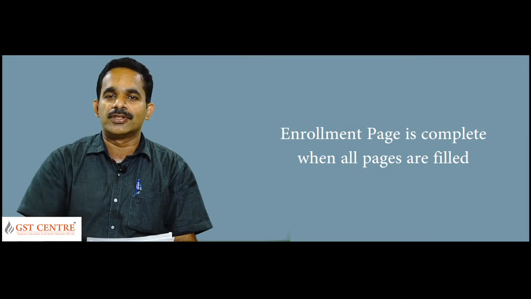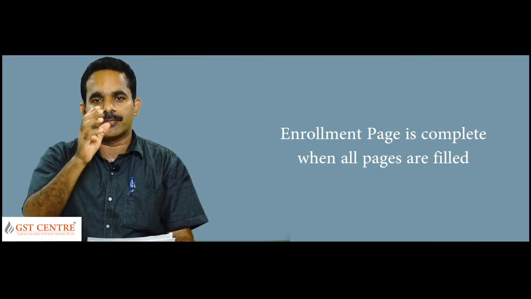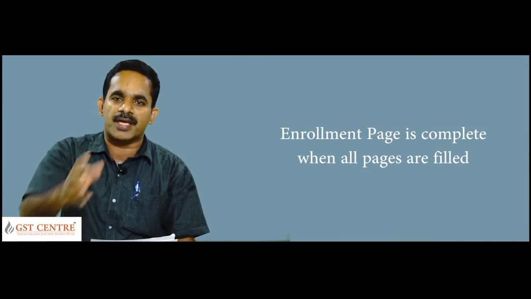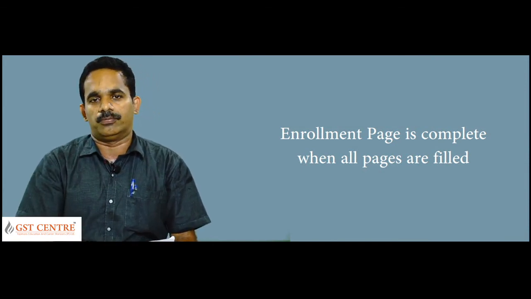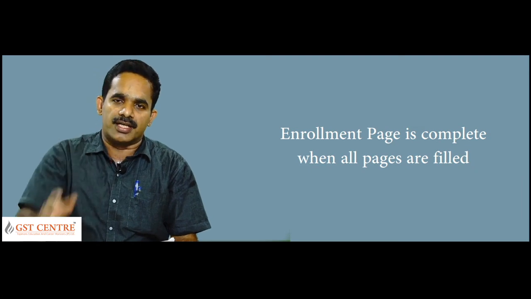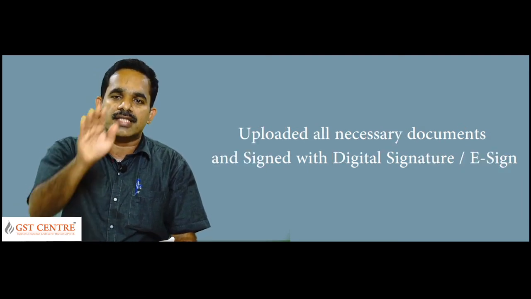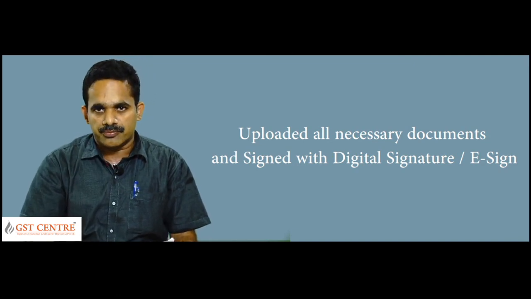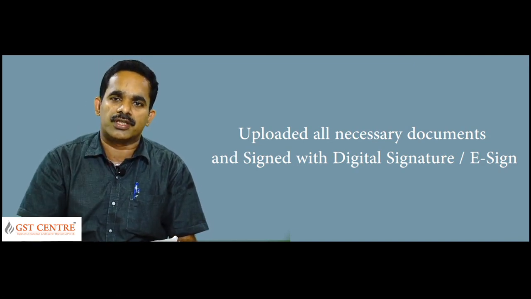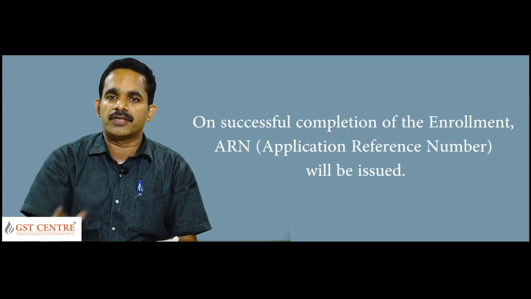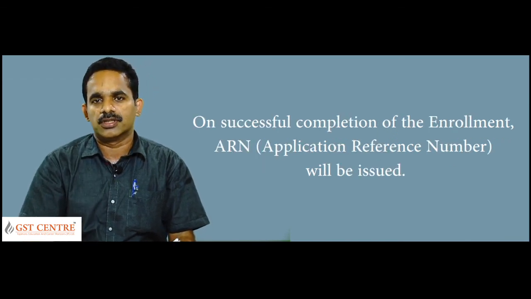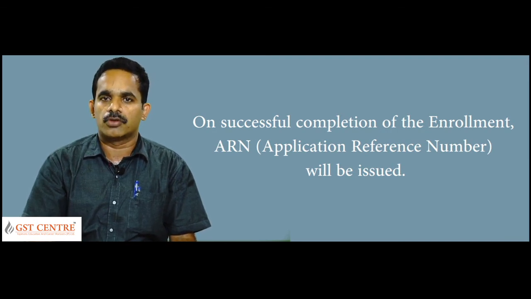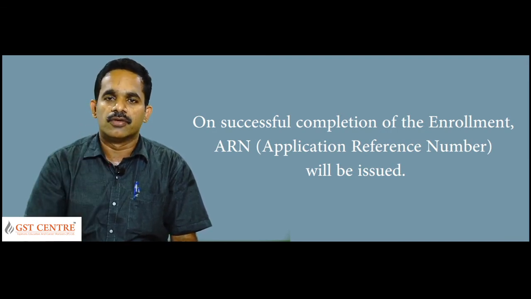Hope you have understood the various steps involved in the enrollment procedure, that is how to fill the various pages in the enrollment form. After filling in all details, all pages, and signing with the e-signature or digital signature, on successful completion of the enrollment, you will be provided with the application reference number, that is ARN, by the GST common portal. You have to keep this ARN very safe.